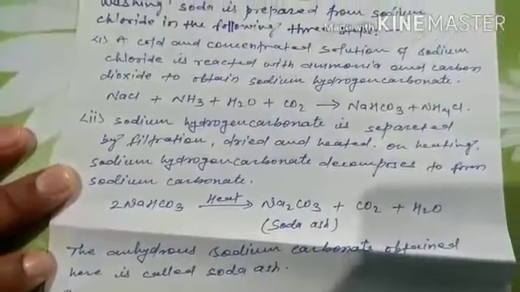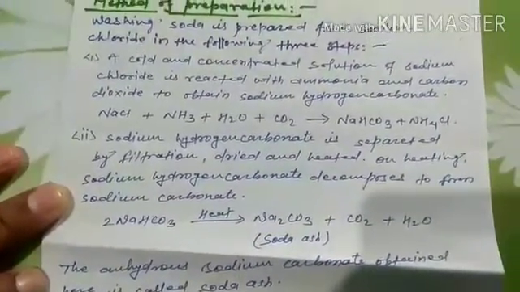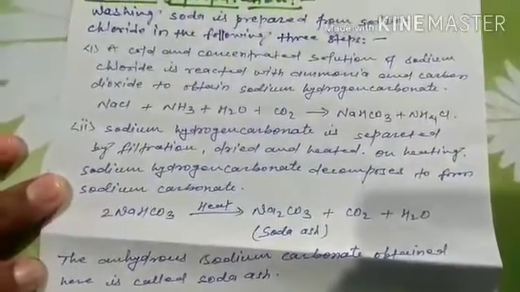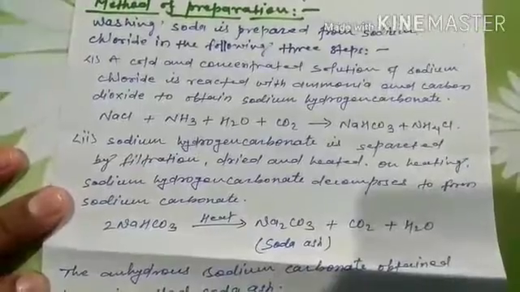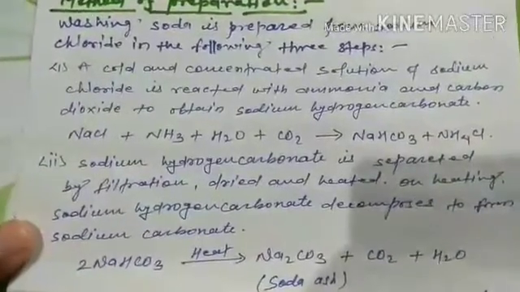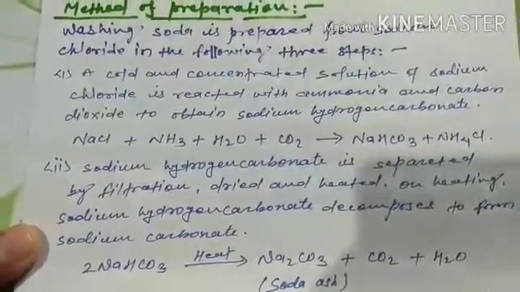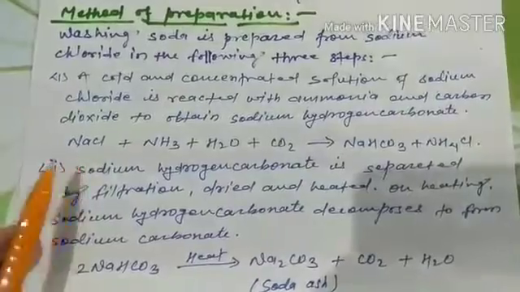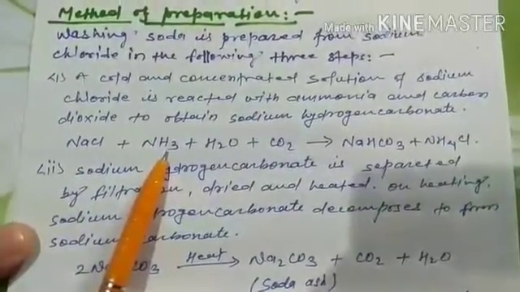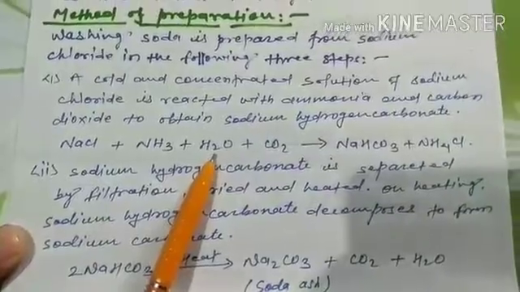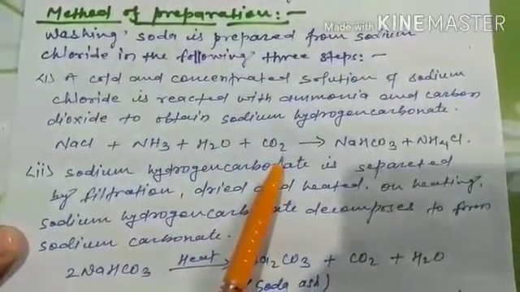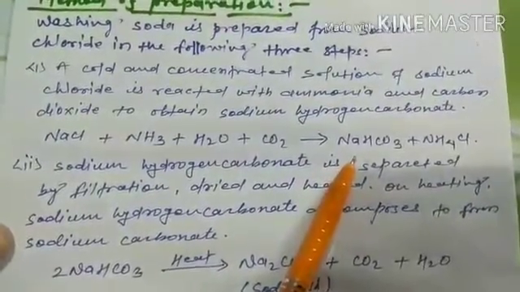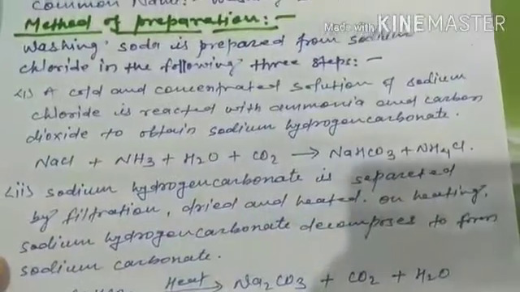First step is a cold and concentrated solution of sodium chloride is treated with ammonia and carbon dioxide to obtain sodium hydrogen carbonate. This is sodium chloride. When sodium chloride reacts with ammonia, water and carbon dioxide, then it forms sodium hydrogen carbonate and ammonium chloride.